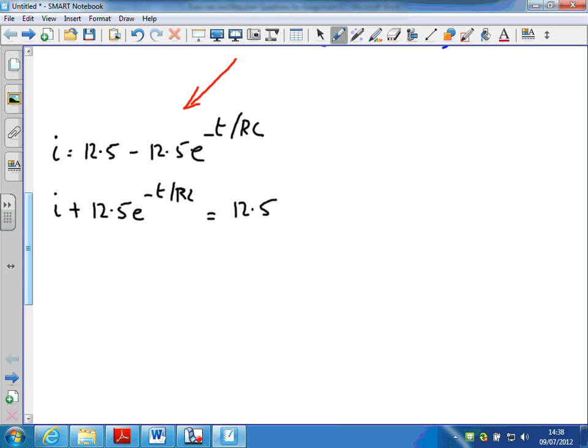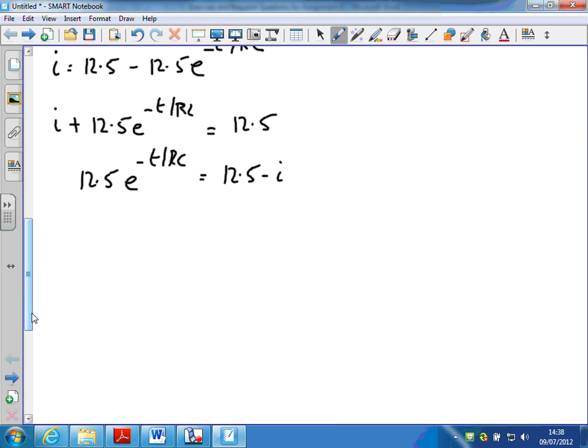Now take I over the other side. We get 12.5 e to the minus t over RC equals 12.5 minus I. Now divide both sides by 12.5 and I get e to the minus t over RC equals 12.5 minus I over 12.5.